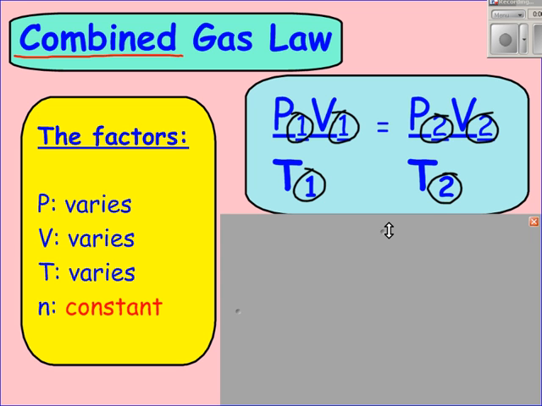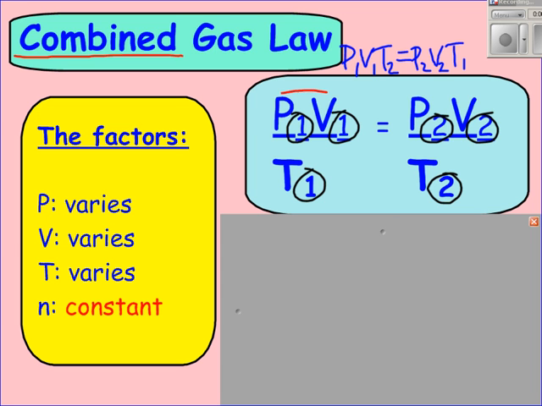Now there's another way that this equation can be written. It can also be written P1 times V1 times T2 equals P2 times V2 times T1. The reason it can be written like this is assuming we've already done the cross multiplying.